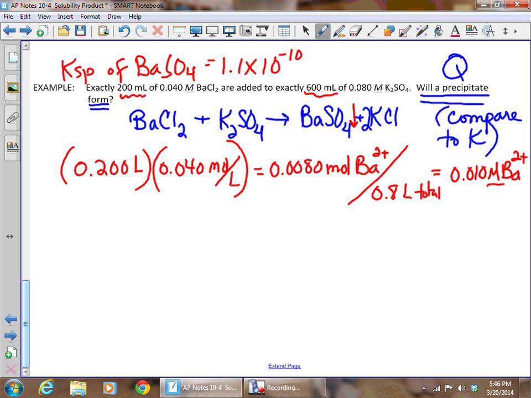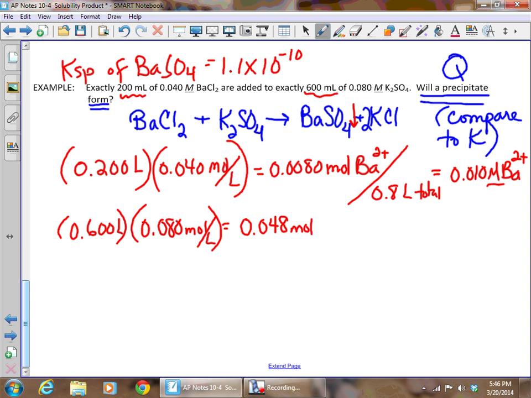We're going to do the same thing for the sulfate ion. We've got 0.600 liters originally of our potassium sulfate. We're going to multiply that by the molarity, and we end up with 0.048 moles of the sulfate.